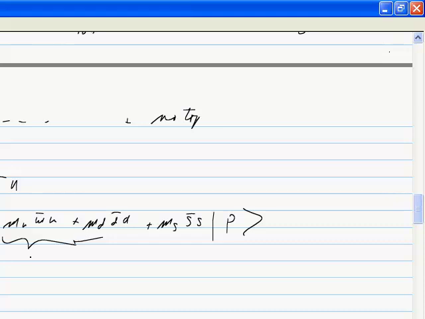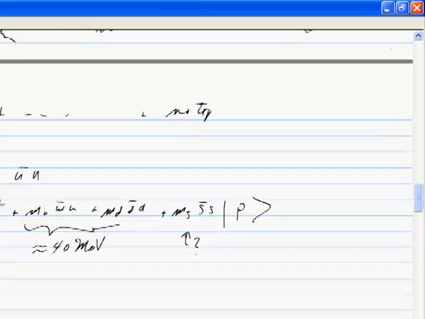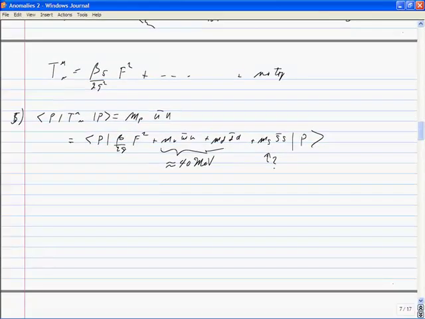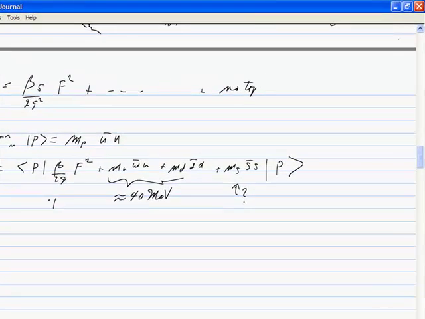In fact, you can calculate that this is about 40 MeV. I can't tell you how you do that right now, but that's the pion nucleon sigma term. This guy is debated. The proton doesn't have much strange quarks in it at all, so you'd think it'd be small, but it's not necessarily. But this guy then turns out, an estimate is something like 890 MeV.